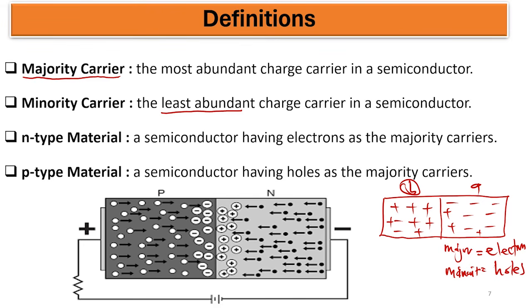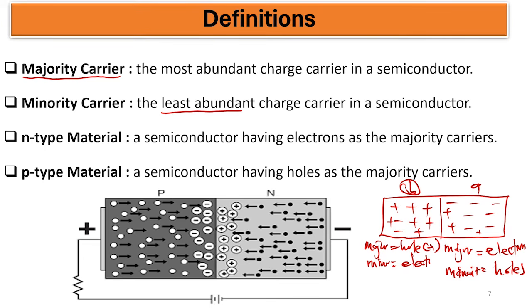And at the B section, the majority carriers are what? The holes, positive charges, and the minority are the electrons. So we are going to use these words, majority and minority. Those abundant are the majority, those less abundant are the minority.